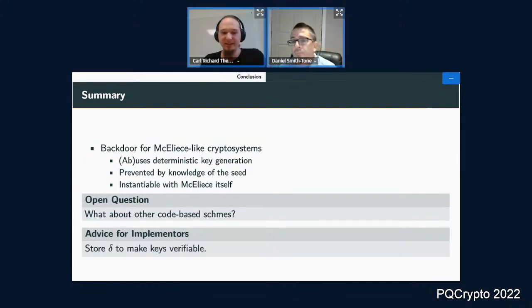Well, actually, that's something I've thought about before as well, because you do not necessarily have access to that seed delta. For example, in the context of hardware security modules or smart cards, one of the ideas is that the secret key never leaves that device. And for these, I think some kind of zero knowledge proof would be nice to have to make it backdoor free.